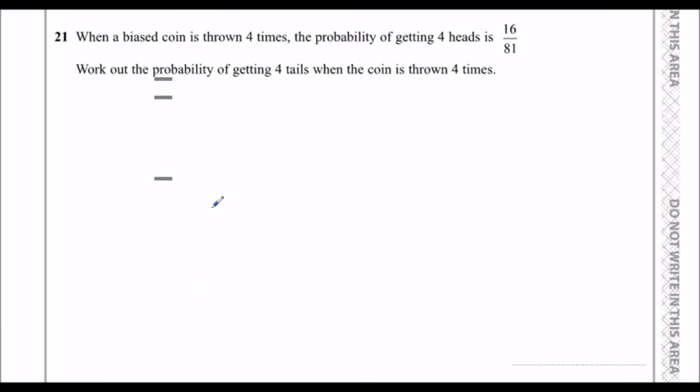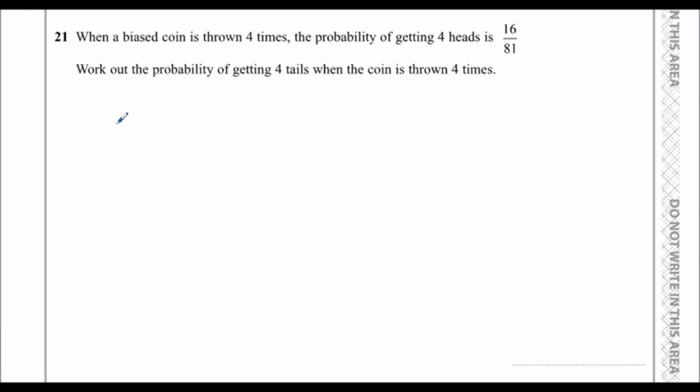Question 21. When a biased coin is thrown 4 times, the probability of getting 4 heads is 16 over 81. Work out the probability of getting 4 tails when the coin is thrown 4 times. So it's heads, then heads, then heads, then heads to get this probability.